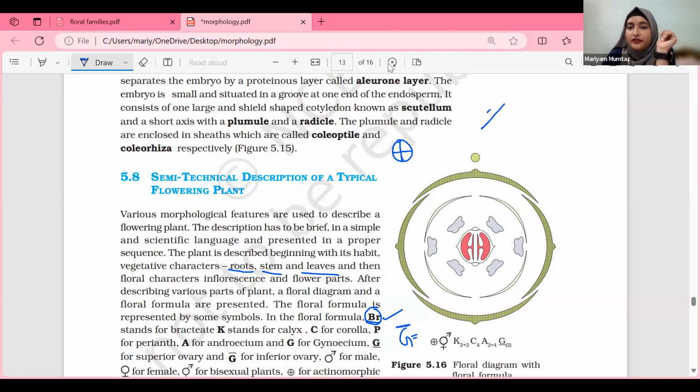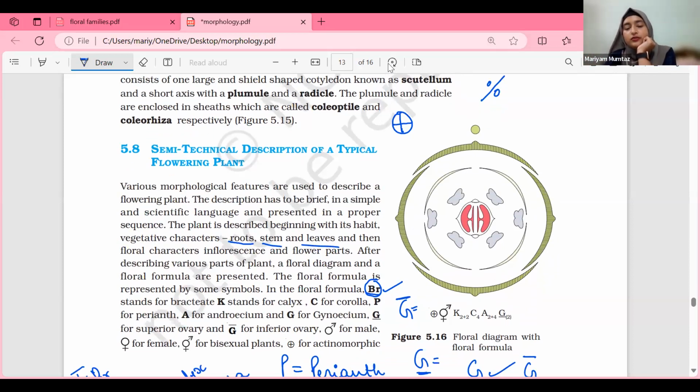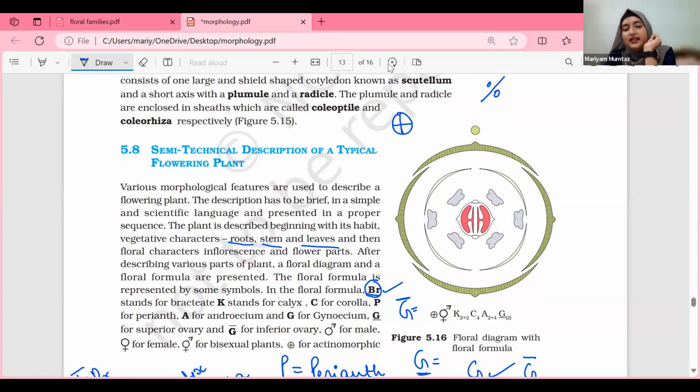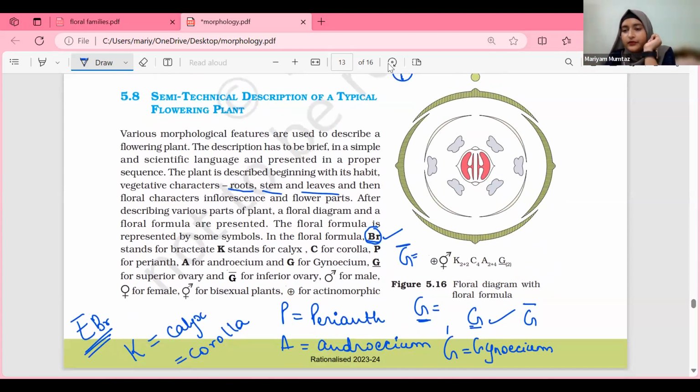So for zygomorphic, you'll make a percentage sign. Now you understand why we are making a percentage sign? Because one plane is dividing the body into two parts. Not many planes, there is one plane. Okay, so the percentage sign is for zygomorphic, and this plus sign under a circle is for actinomorphic.